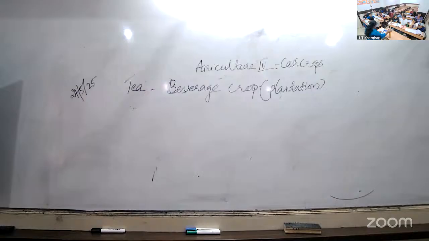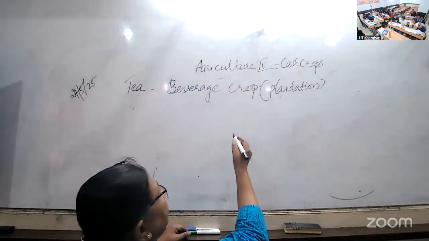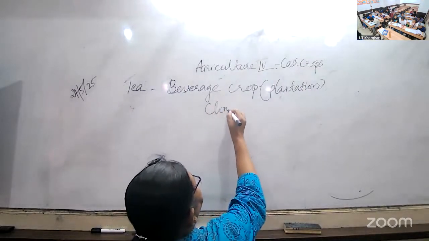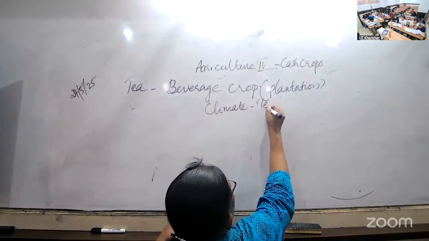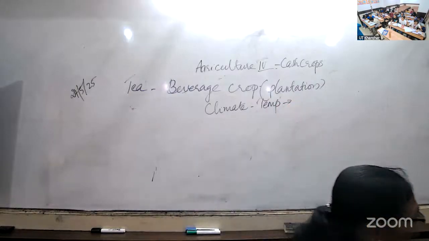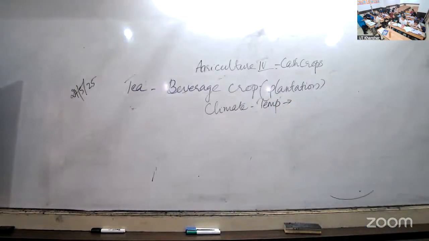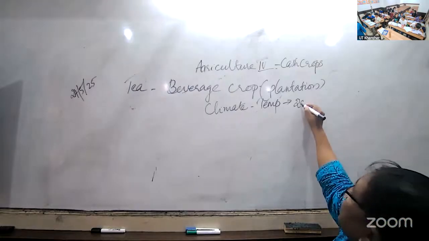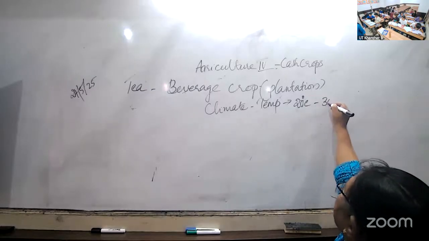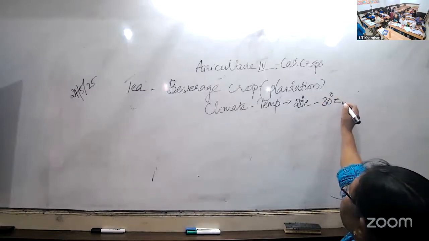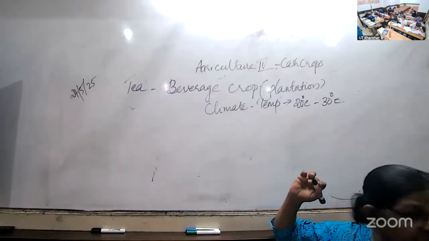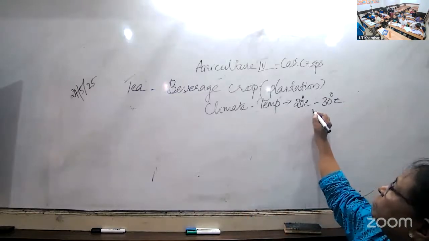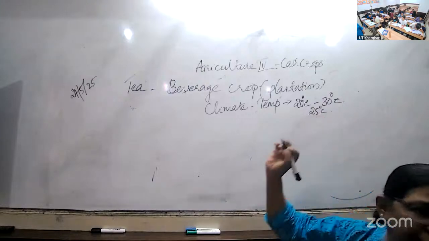Okay. What are the climatic conditions required? Climate required for the growth of tea: between 20 and 30 degrees Celsius, but 25 degrees Celsius is the ideal temperature. 25 degrees is ideal for growth.